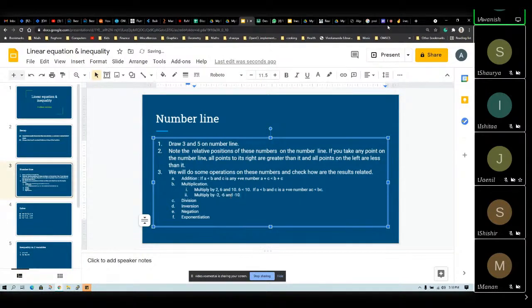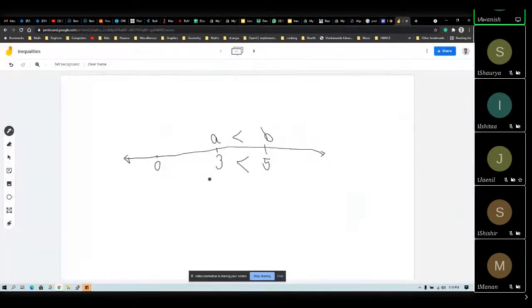And if you go to the number line, what we'll find is -10 goes on the left hand side and -6 remains on the right hand side. Whereas when these were positive numbers, these were like this, correct? Yes, sir. So this was less than this. Now it is opposite. So this is less than this, correct?